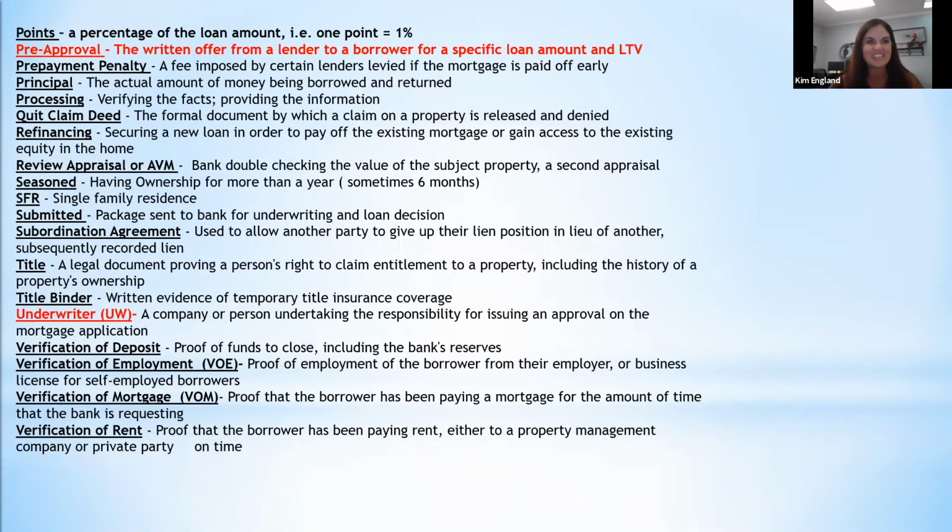Other terms are here. You'll see UW written down often. That's underwriter. It's just way easier and quicker to write UW than to spell out underwriter. So know what UW is, it just means underwriter. And there's other terms here that are good to peruse and read through.